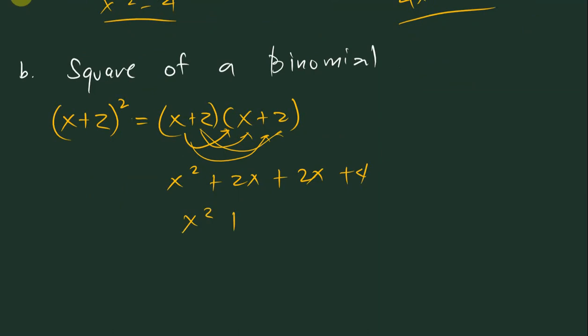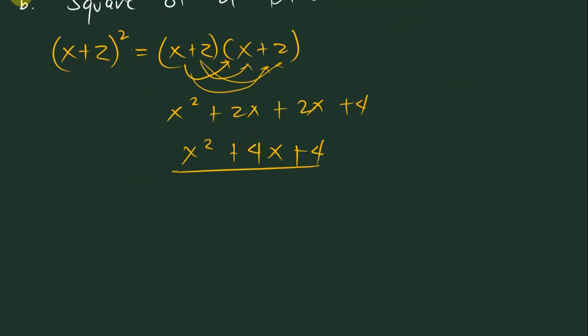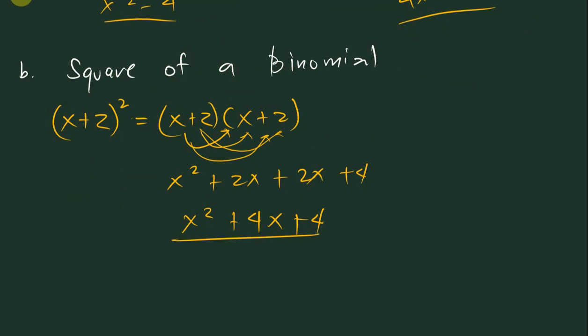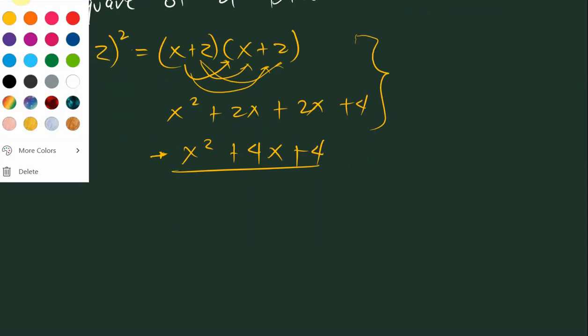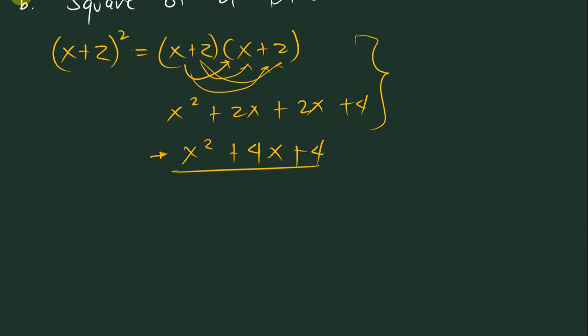Okay, so we have x squared plus 4x plus 4. So for square of the binomial, you can directly go to this form without performing all of this again, because we already know that will be the answer. I mean, it follows this pattern.